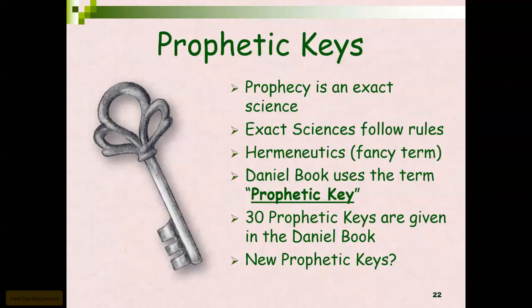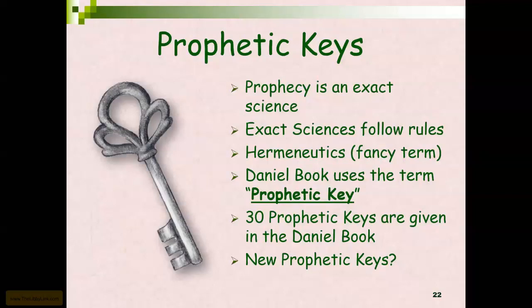I've listed 30 prophetic keys or prophetic rules in the Daniel book, and they are numbered. And of course, all of you have probably discovered those keys. They're on page, I believe, 16 through 21. And if you haven't taken a look at those prophetic keys, that's where they're located. So these prophetic keys are basic rules.